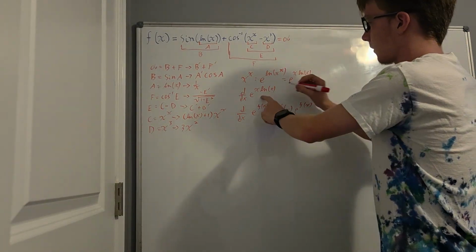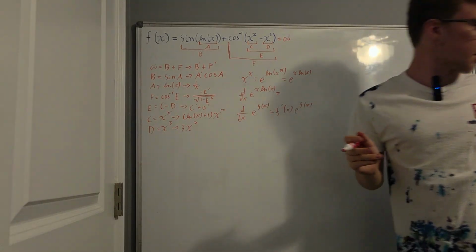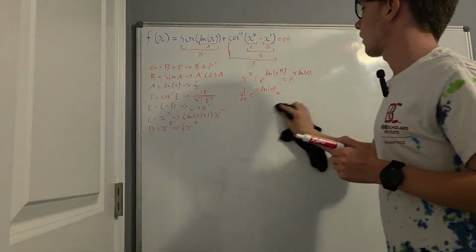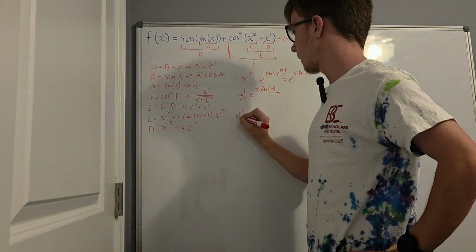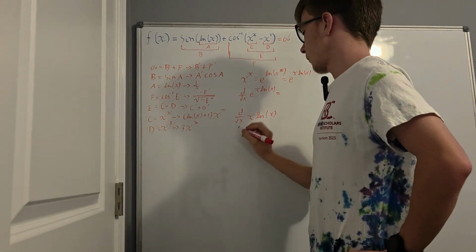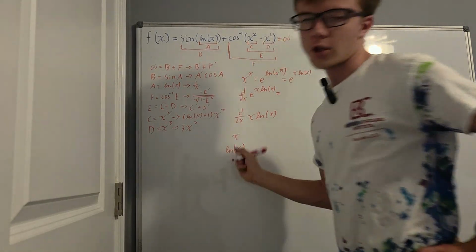So I'm going to say, what's f prime of x? Let's look. We have an e to the f of x function. So what's the derivative of x ln x? Well, let's think about it. We have x and natural log of x.